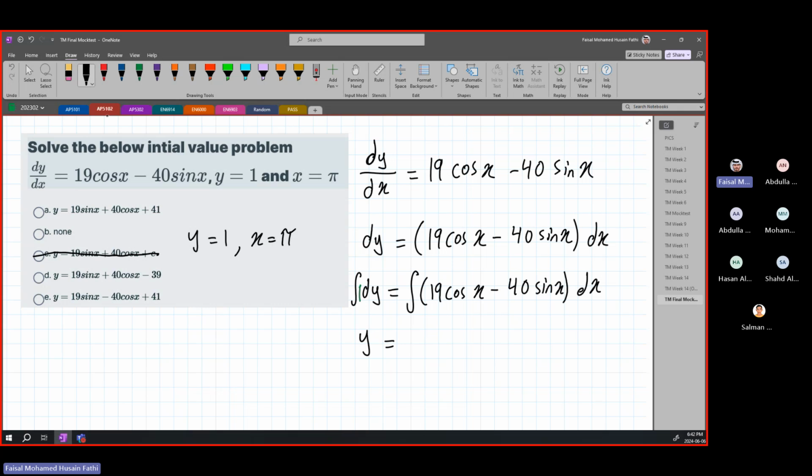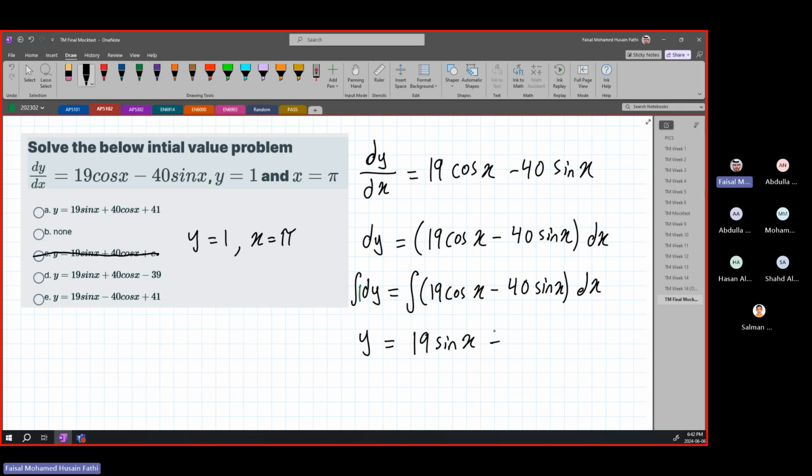And the integration of a constant is just y. 19 cosine x becomes, cosine becomes sine of x, but we divide by 19. Oh, sorry. No. This is a constant. It's already outside. It's not inside. So it's just going to be 19 sine of x. And this is a constant, so it will stay outside. Okay.